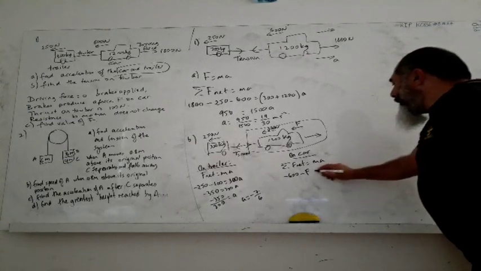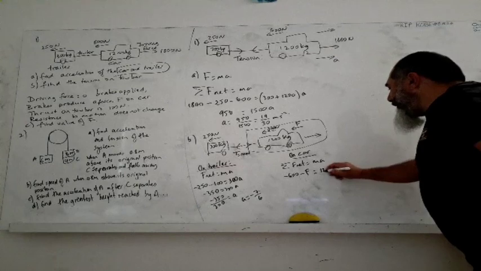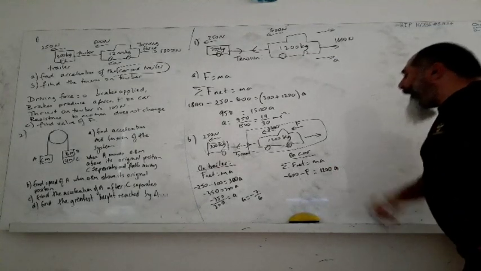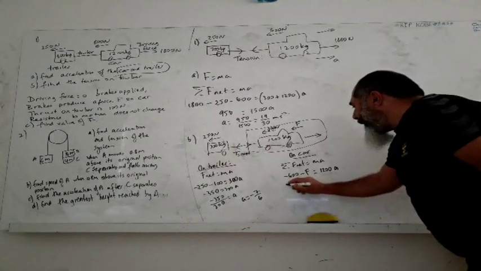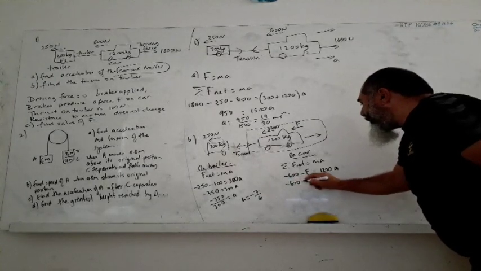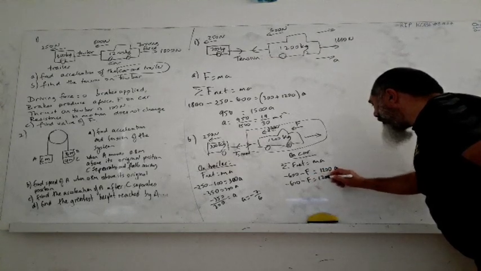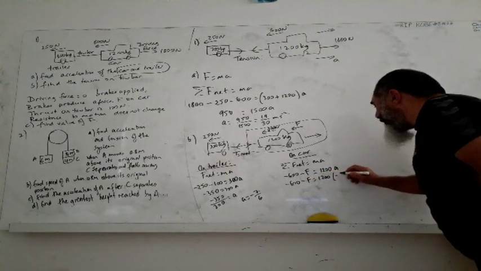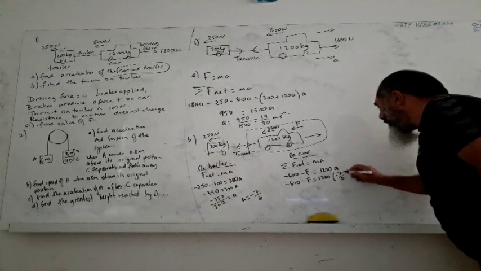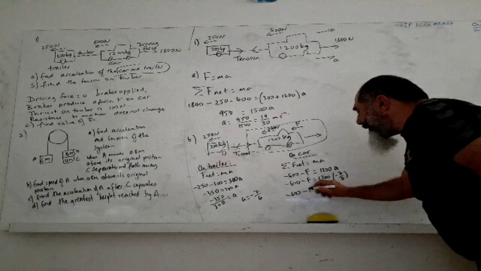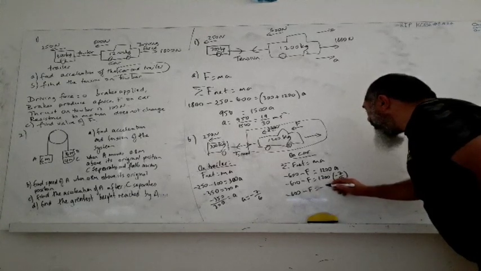The mass is 1,200 times the acceleration. Here, minus 600 minus F is equal to 1,200 times the acceleration, so minus 600 minus F is equal to minus 1,400.